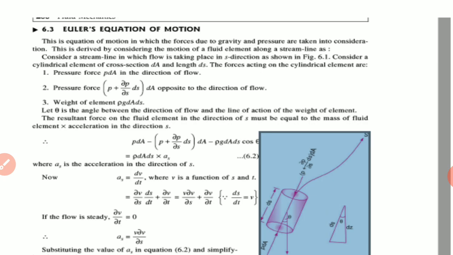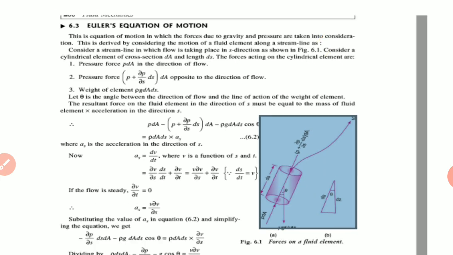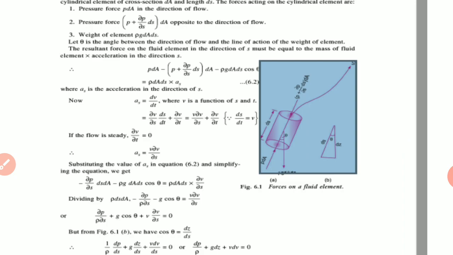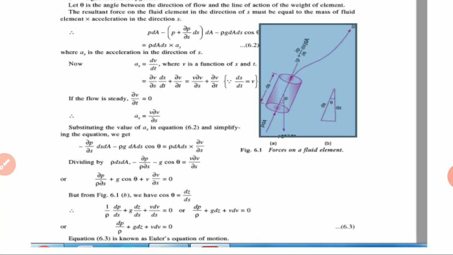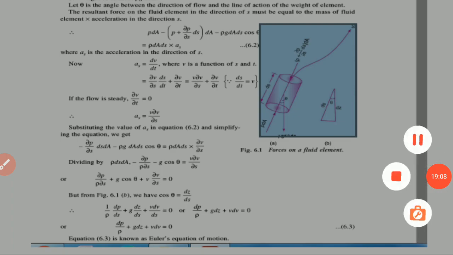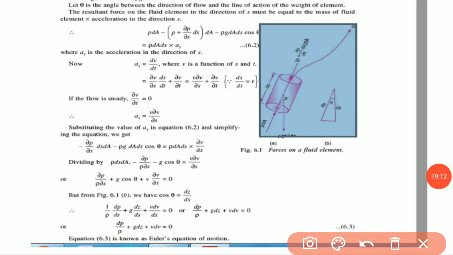Here Euler has considered the gravity force and pressure force, and accordingly he has derived this equation, as you can see here. This equation is known as Euler's equation.